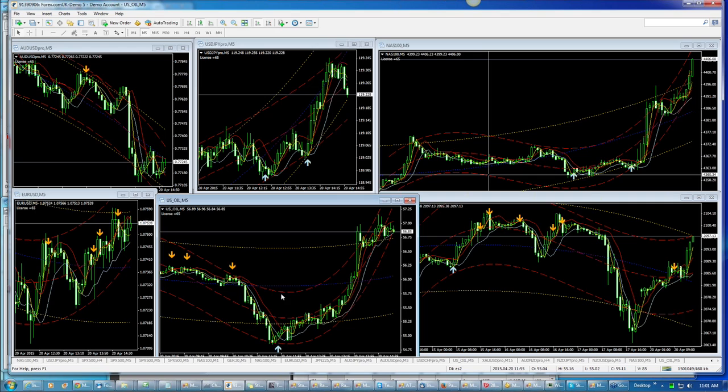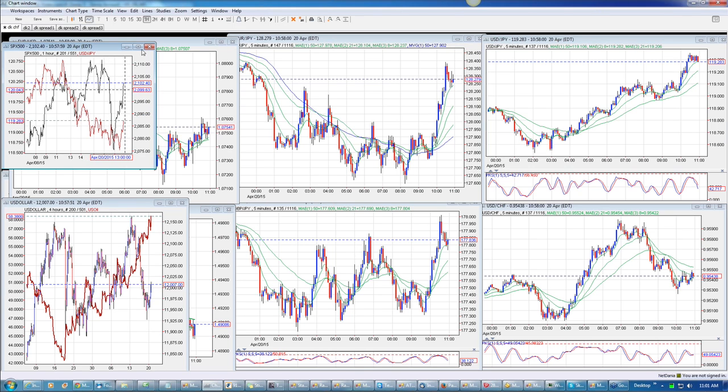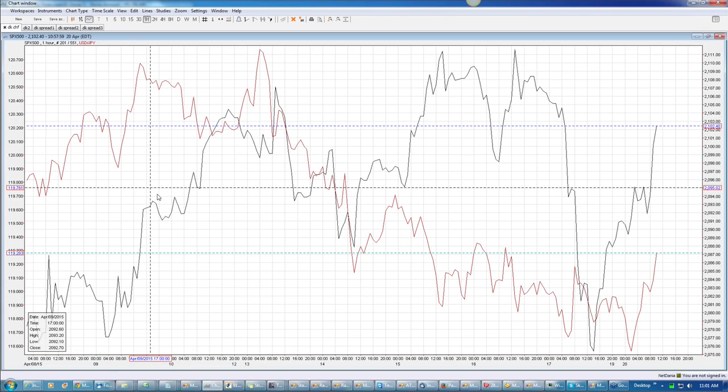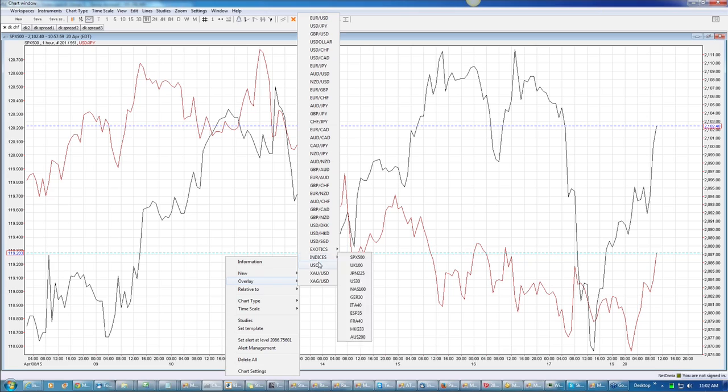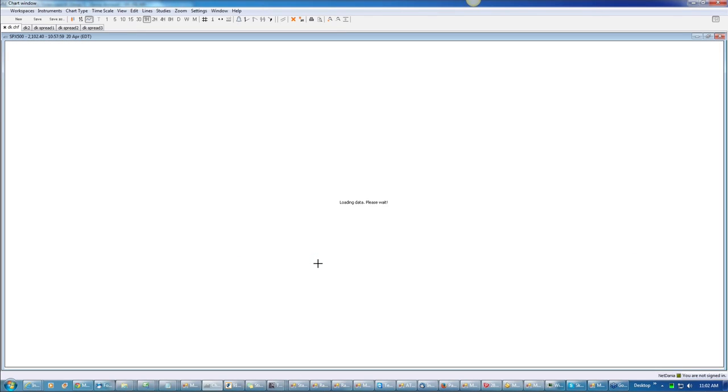Sometimes I wonder, I think there'd be good trades on the spread trades. S&P to oil. Wow, that's slow.